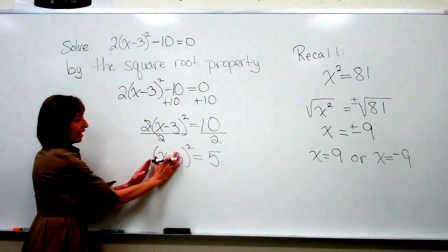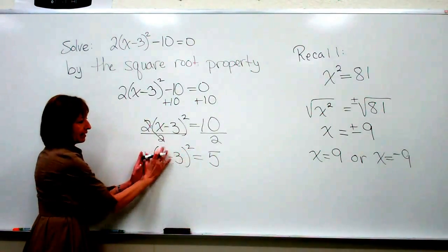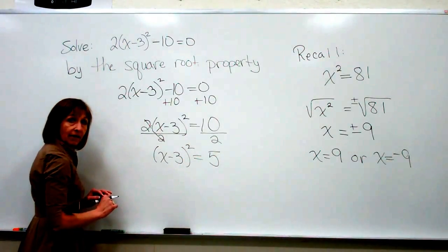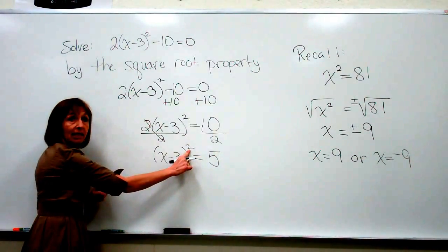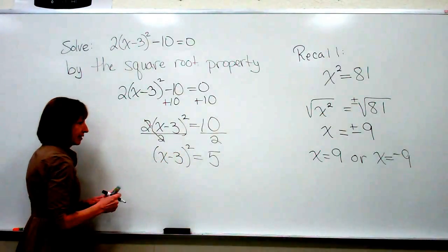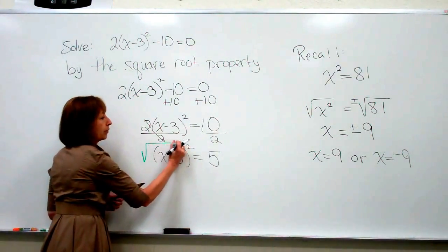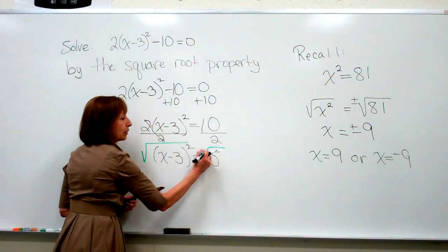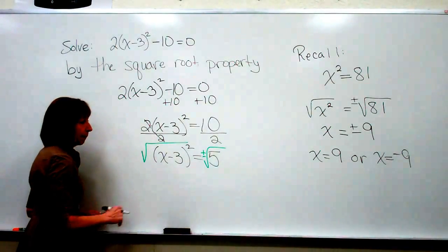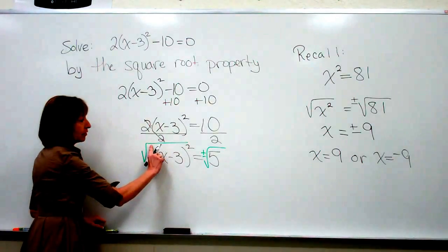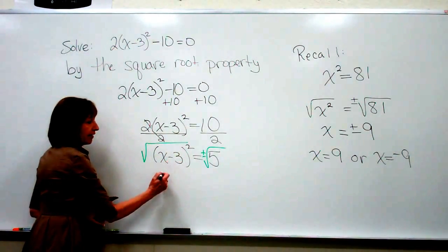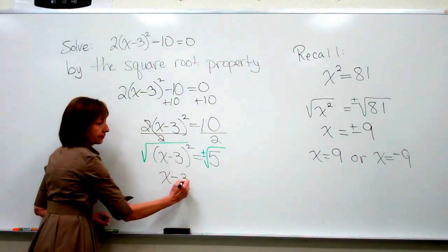And now you see that I have that quantity that's squared isolated on the left side, equal to whatever we had on the other side. And we're ready to undo the process of the squaring by taking the square root of both sides. So we'll take the square root of both sides, remembering to put down the positive or negative option. On the left-hand side, the square root will undo this process of square, so we'll just have x minus 3.